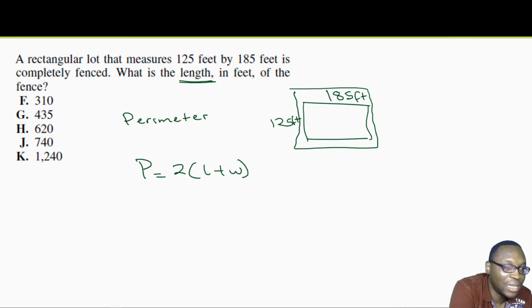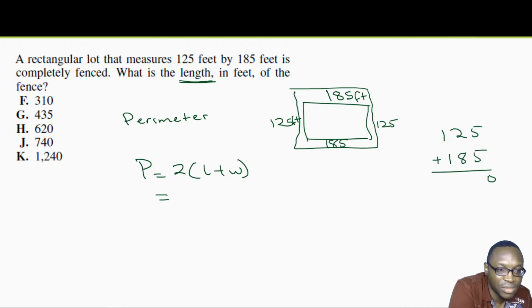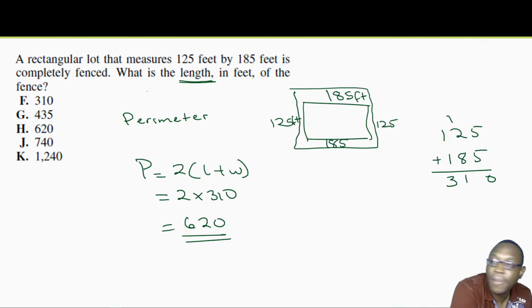Or you could just add all the sides, 185 and 125, and add them up, but I find this easier. So let's add 125 and 185. 0, bring 1 up here, 1, 3. So we multiply 2 by 310, which gives you 620.